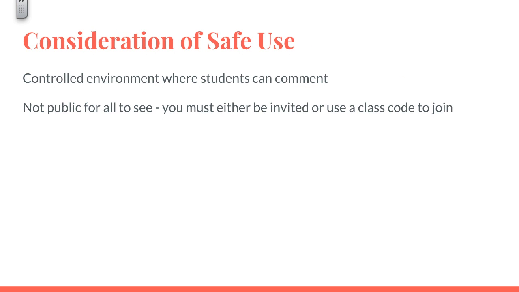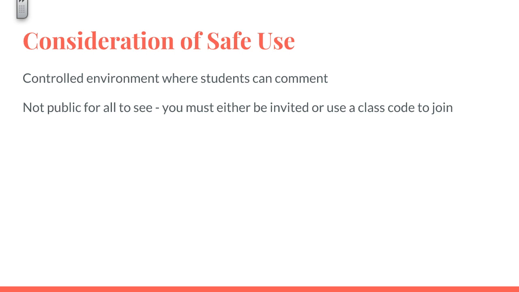I have a little bit in my presentation about consideration of safe use. Something that I really love about Google Classroom is it's a controlled environment where students can comment and put their opinions out there without it being on a public forum where they could potentially get hurt from that posting or comment.